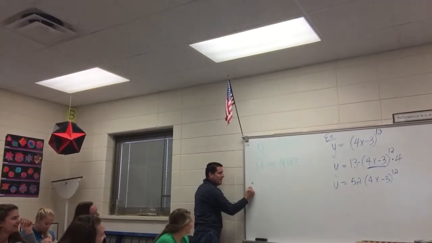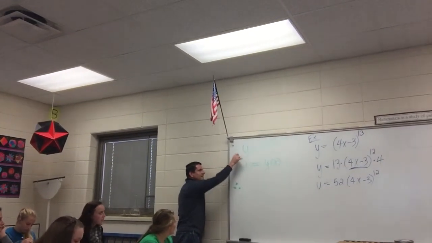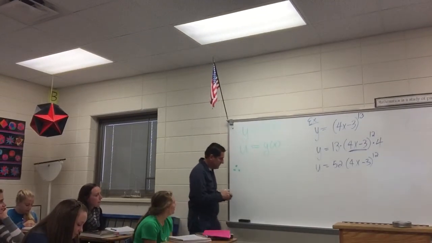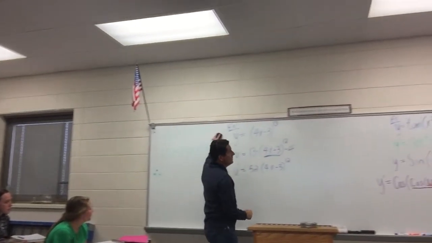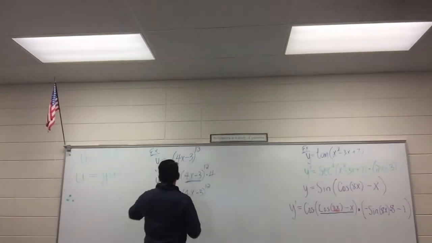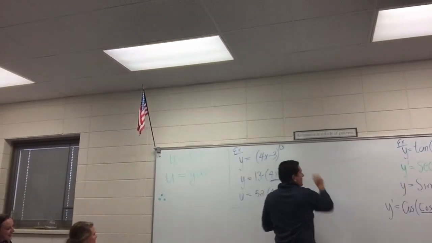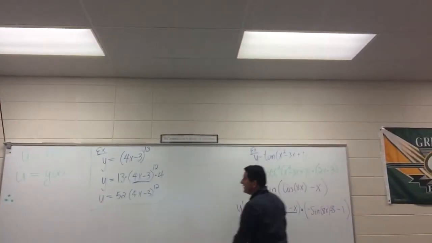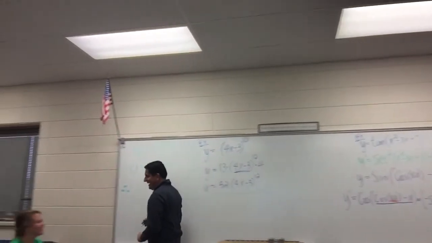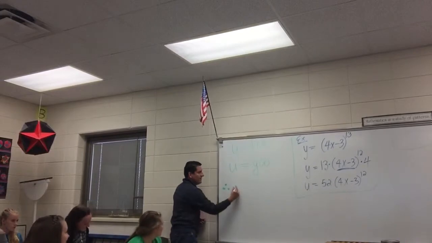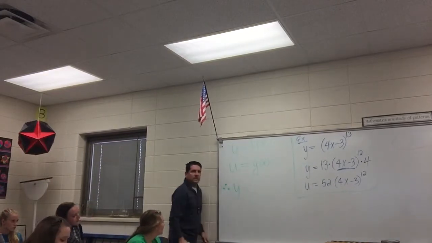Okay, so if this is the case, then, yeah, save this. I'm going to get rid of this. I don't need to yet. I'm all over the board. Okay, so if this is the case, tell me what y is.